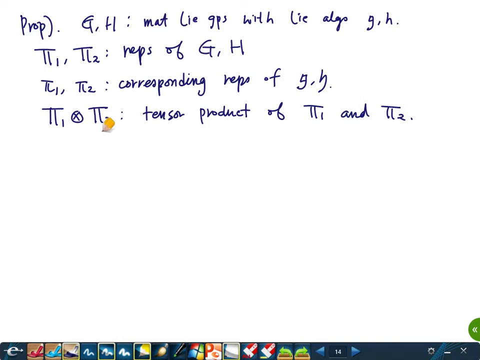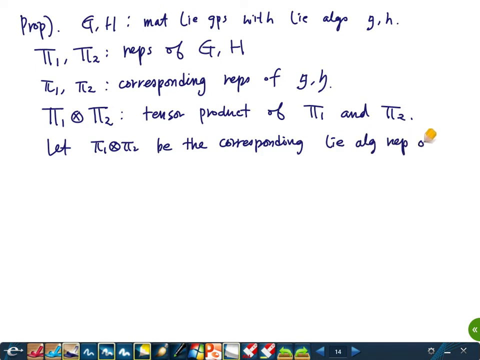What is that? So let pi 1 tensor pi 2, just a notation, we haven't defined this tensor yet, be the corresponding Lie algebra representation of G direct sum H.